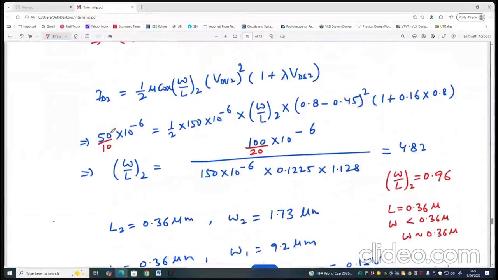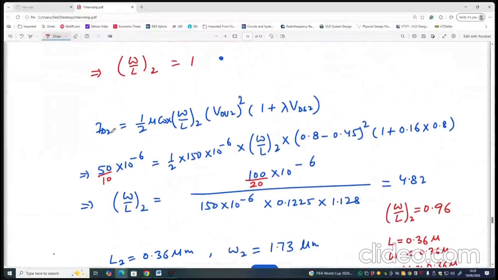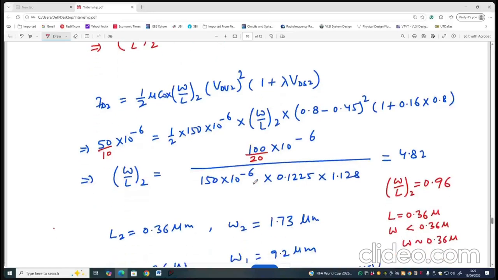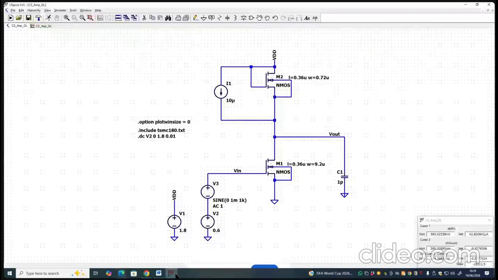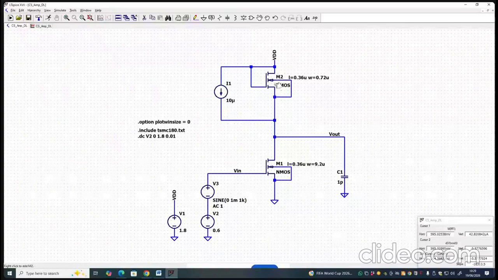So 10 microampere, so 40, so it becomes 80, for example. Let me do it. So suppose we are doing this with only 10 microampere current through this current source, and the remaining 40 microampere through this transistor M2.